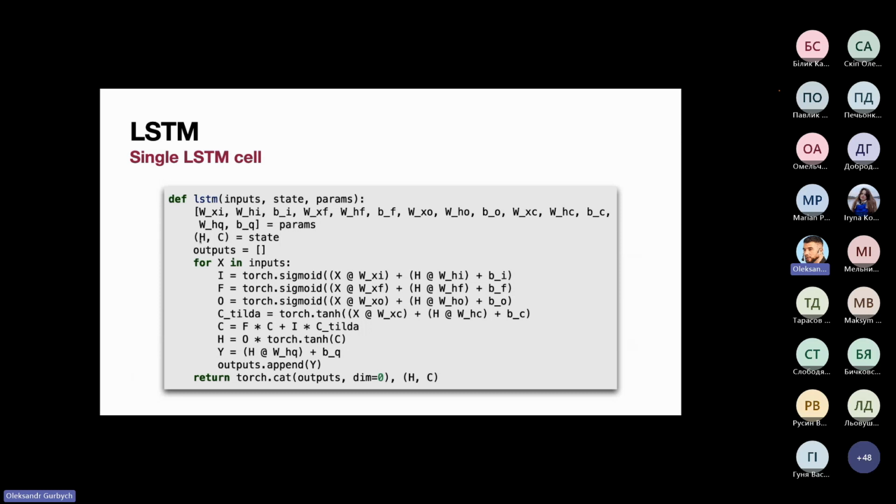It's a hidden state and C. And you have more gates. You first calculate the states of gates. Yeah, the sigmoid returns you 0 or 1. So you input all of this: your X inputs, H hidden state, biases. Those are learned parameters. And you will get these masks I, F, O. Think of them as a matrix, I don't know, 5 by 5. Some will be zeros, some will be ones.